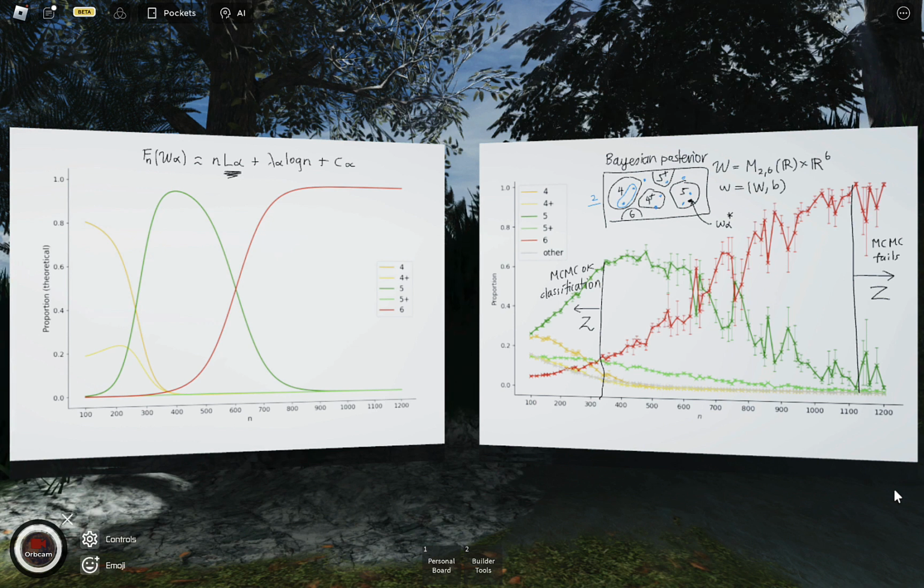That is a critical point which we identify as being in that region, and we hypothesize it dominates the Bayesian posterior, and then we go look at samples, and indeed it is the case. And you take its loss value, that's L alpha, and in some cases, so 5, 5 plus, and 6, we can theoretically derive the learning coefficient due to some hard work by John Tien understanding the loss in local coordinates.